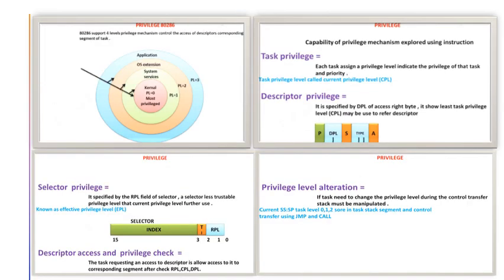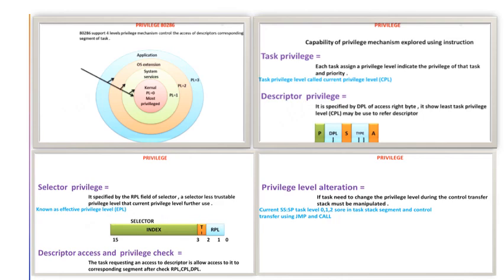Now let us discuss the privilege of 80286. The 80286 processor can support a 4-level hierarchical privilege system which controls the use of privileged instructions and access to descriptors within a task. The figure shows the 4-level privilege mechanism. The privilege levels are numbered 0 through 3.